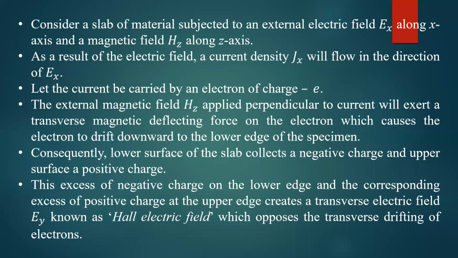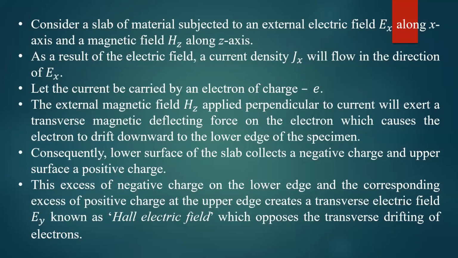Already have studied. So if the magnetic field is applied along z direction, and the flow of electron is in x direction, then deflection of electron is going to take place along y direction. So these three are perpendicular to one another. Those electrons will be pushed towards the lower edge of the specimen.